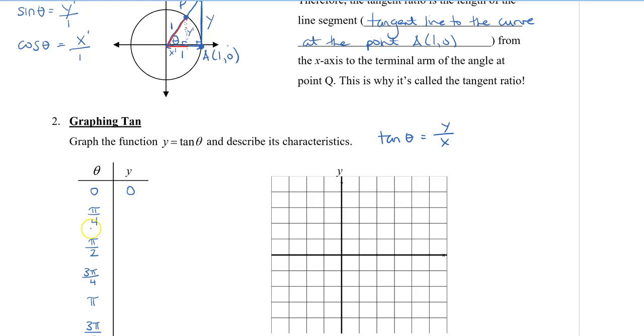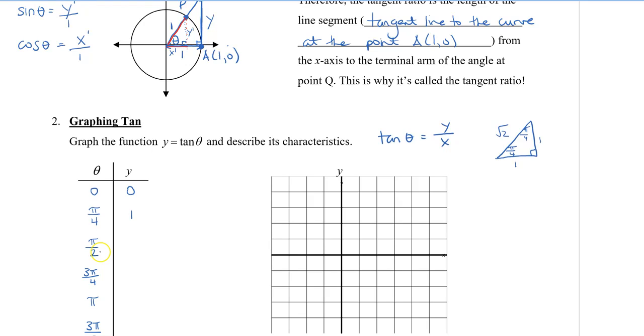Next, I have tan pi over 4. Now to understand this one, I'm going to go to the right triangle and use pi over 4 here. If you remember the pi over 4 special triangle, this is 1, 1, and root 2. And if you look at the special triangle, tan pi over 4 is going to be 1 over 1. So therefore, tan pi over 4 is 1.